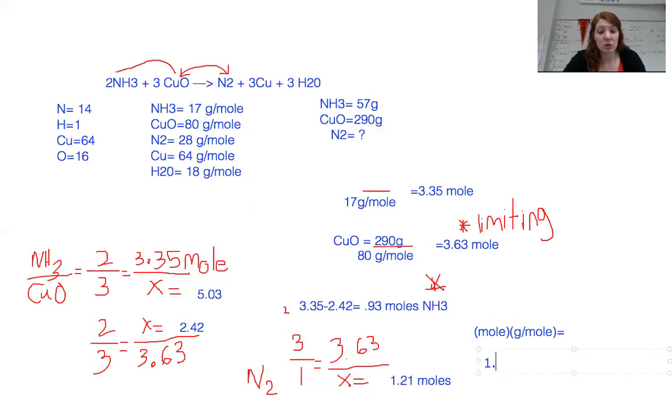In this case, we're using 1.21 times our gram per mole ratio for our nitrogen, which was 28 grams per mole if I look up above. And when we do that, we get 33.88 grams. And that is your third and final answer for that problem.